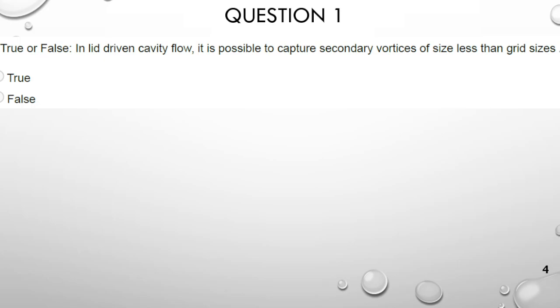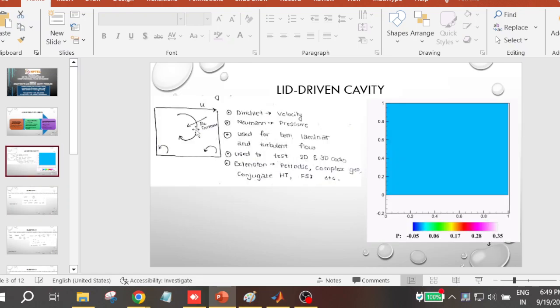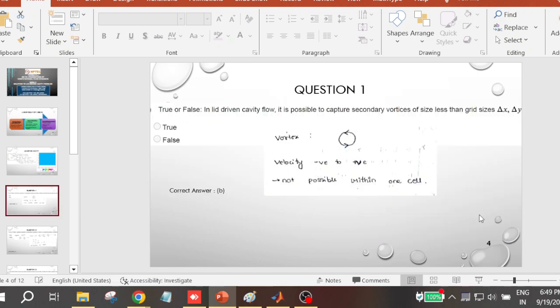So basically, I had indicated in this diagram, you have one main recirculating zone in the center of the cavity, and that is usually called a primary vortex. And in the corners, you have some small recirculation zones. Those are usually called secondary vortices, but it's just terminology anyway.